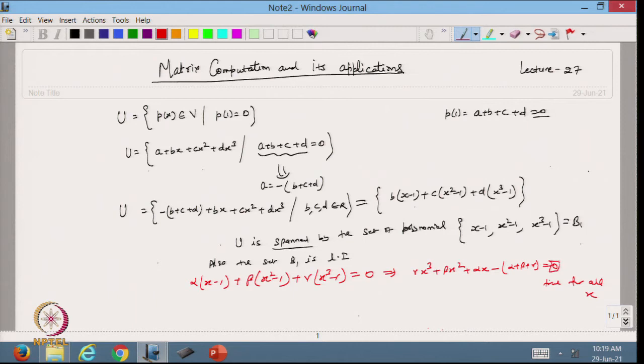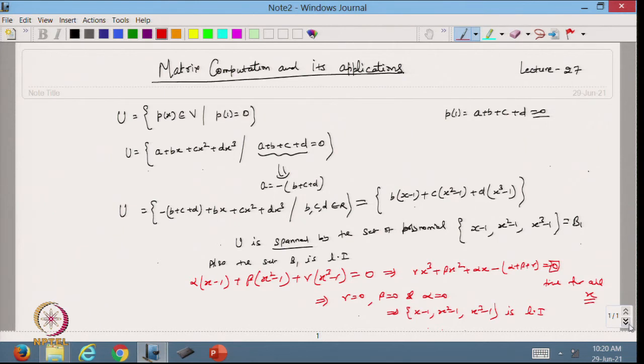This implies that gamma is 0, beta is 0 and alpha is 0, because the constant term is 0 and the coefficients of x cube, x square, x all become 0. So, the set of polynomials x minus 1, x square minus 1, x cube minus 1 is linearly independent.